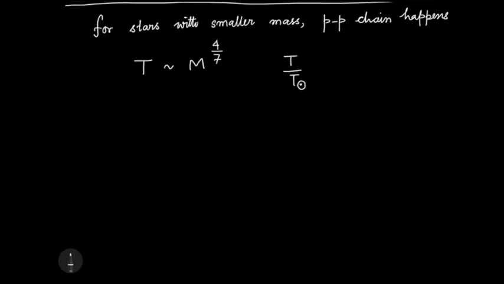So I can say T by T sun, and this is how you do the calibration, is M by M sun to the power 4 by 7.